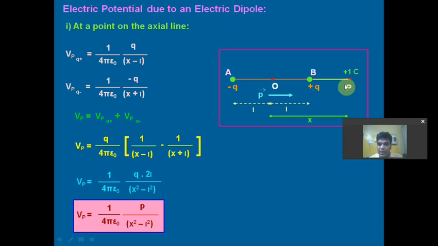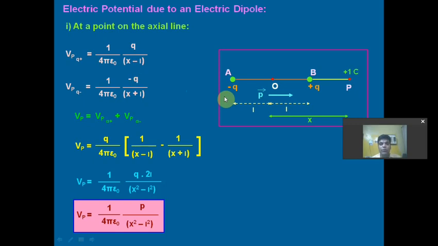PB is OP minus OB. What is OP? X. OB? L. So the value of PB distance is x minus L. So this will be 1 by 4 pi epsilon naught q upon x minus L.